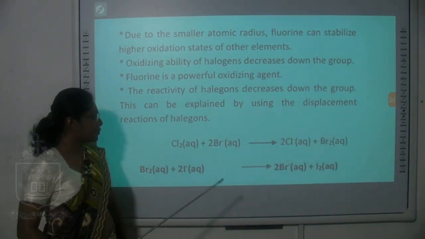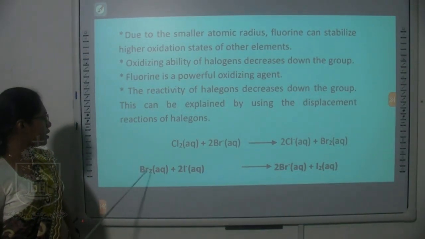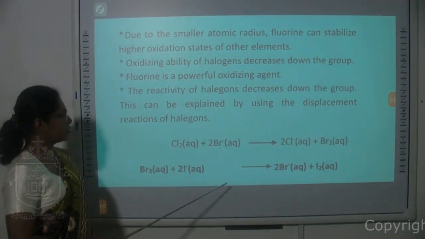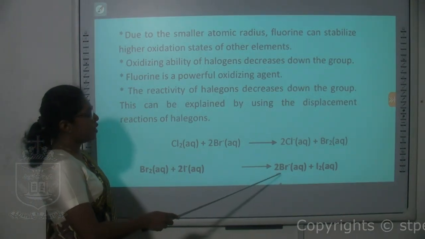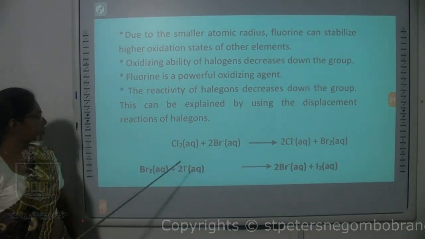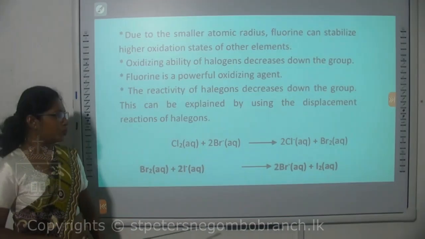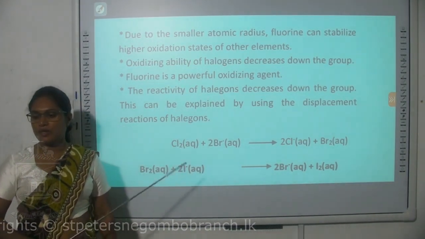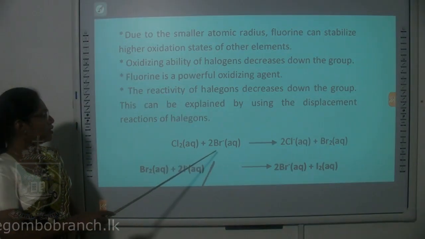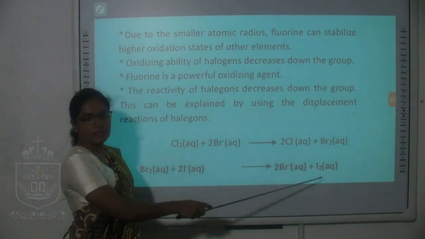And if we consider the second reaction, if we react Br2 with iodide ion, it forms bromide ion and I2. So here you can see when we go from top to bottom of the group, the reactivity of halogens decreases. That's why here bromide ion forms bromine and from here iodide ion forms iodine.